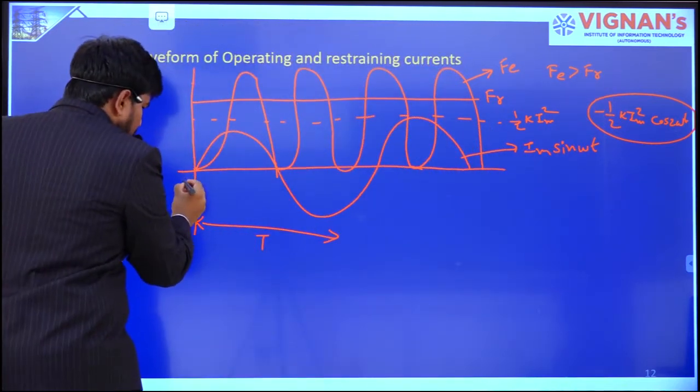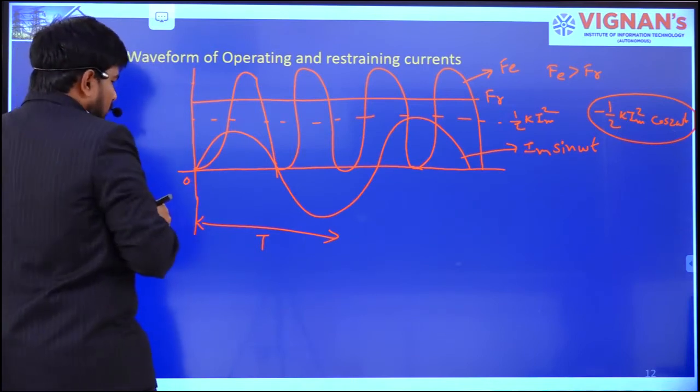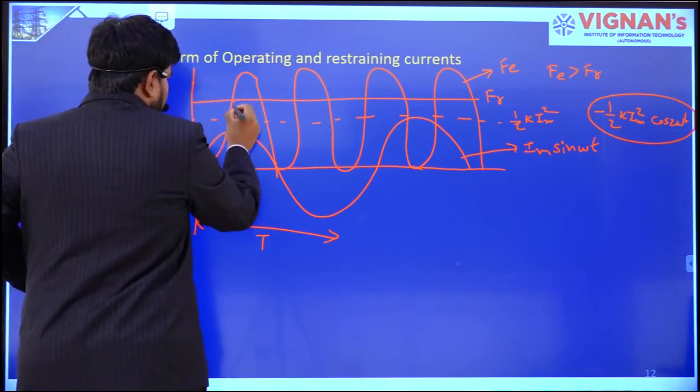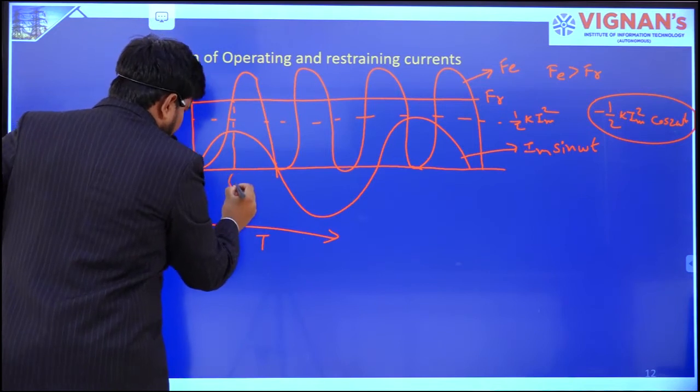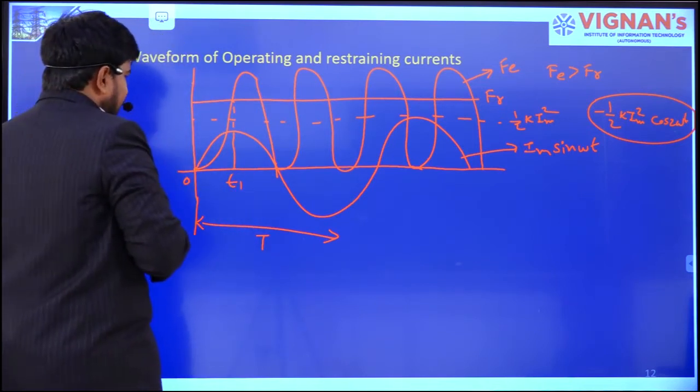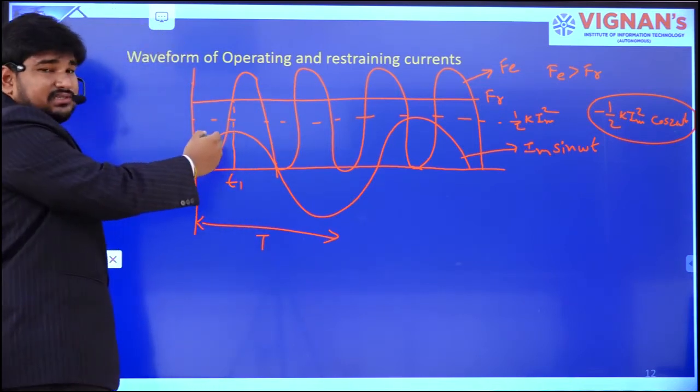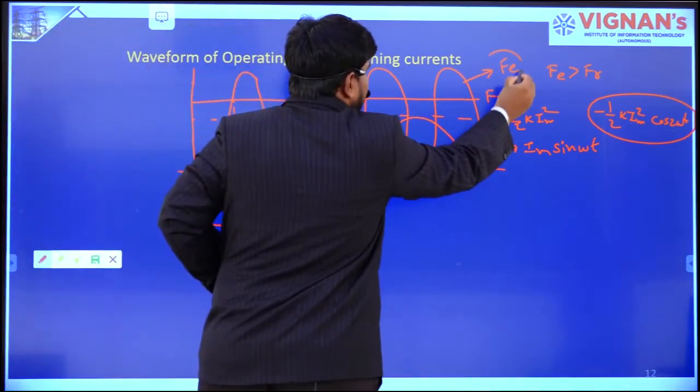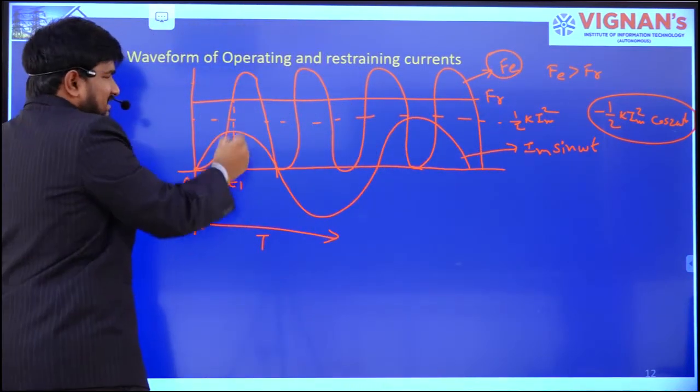At time 0 and up to time t1, the force developed by the relay will be lesser than the restraining force.